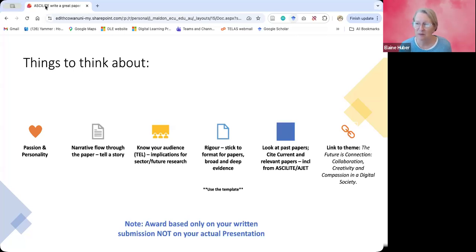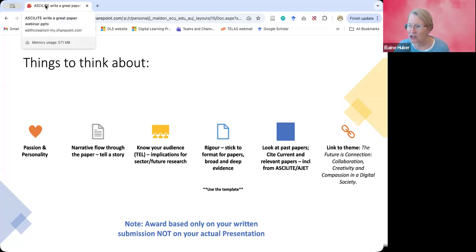We will maybe notify those people who've been shortlisted for an award before the conference. Then we announce it at the conference. And if you're coming to the conference and you want to attend some of the Best Paper nominees, we'll put that on the program at the time.